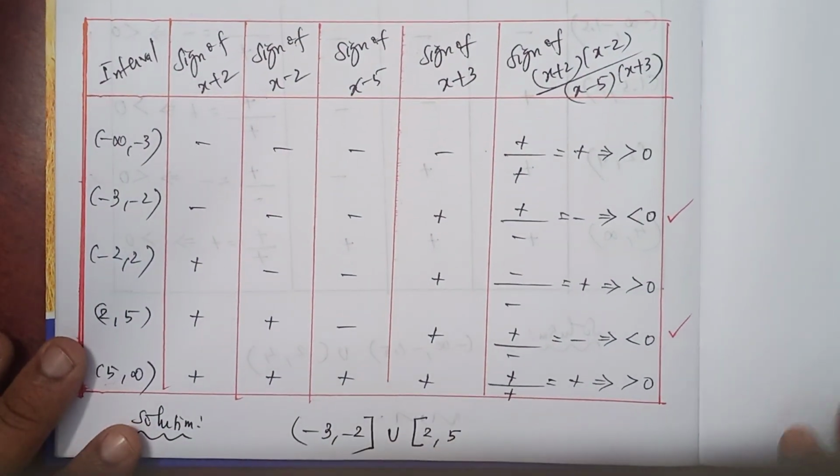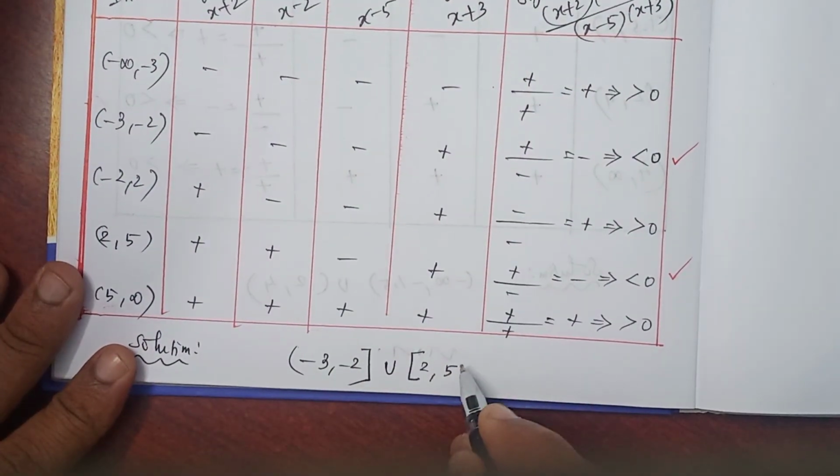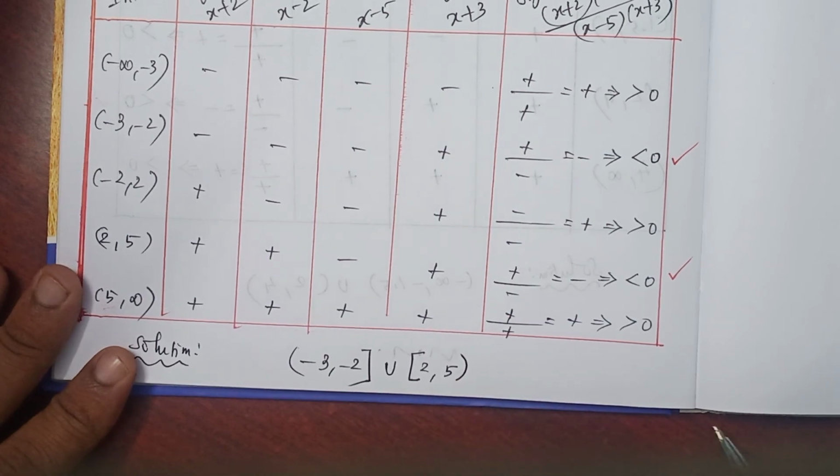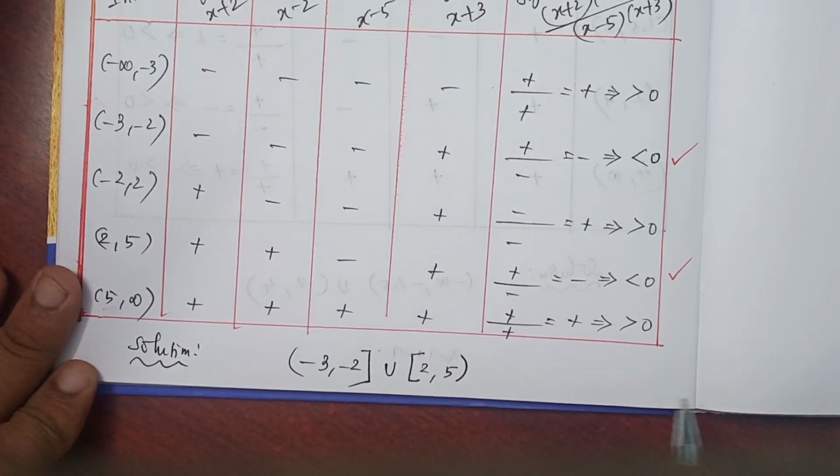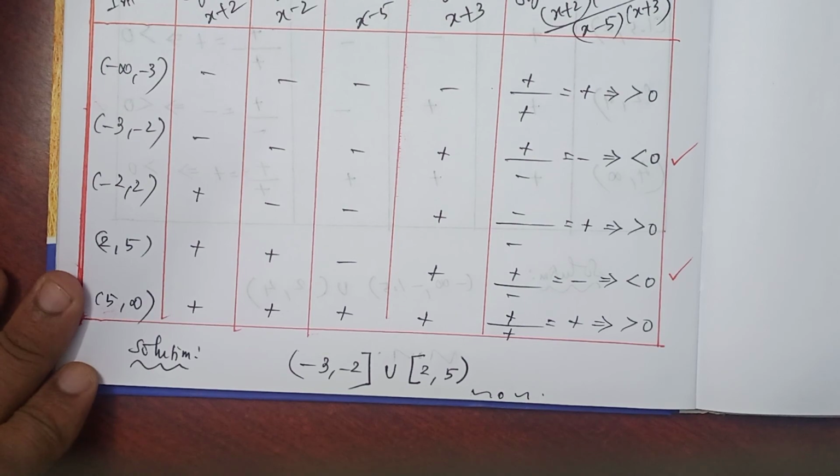Look at that bracket, right open bracket. That is the solution: minus infinity to minus 2, 2 to 5, with minus 3 and 5 both excluded, and minus 2 and 2 both included. So problem number 3 is completed. Thank you, children.